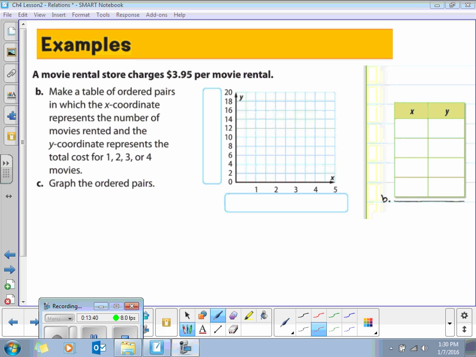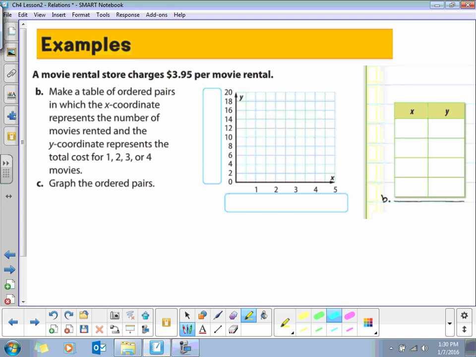Okay? So it says a movie rental store charges $3.95 per movie rental. What word tells me the operation here? Per tells me times, multiply. Very good.